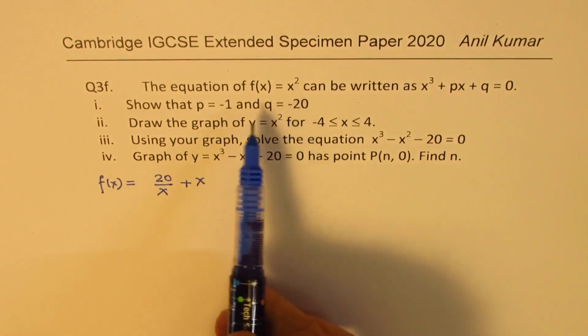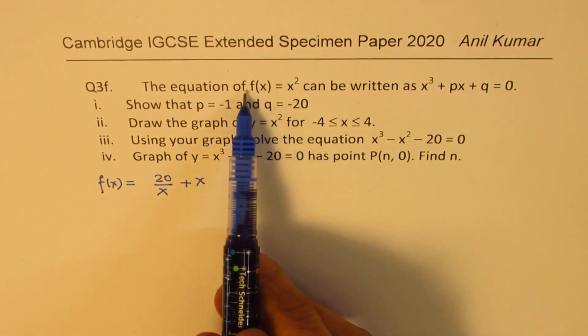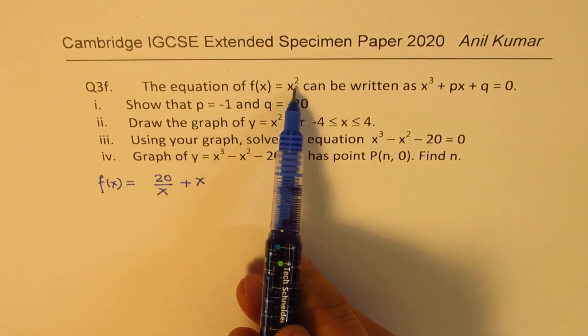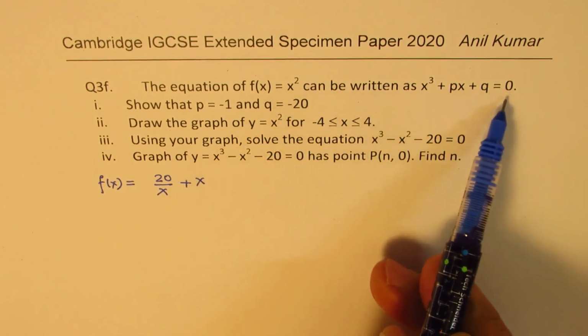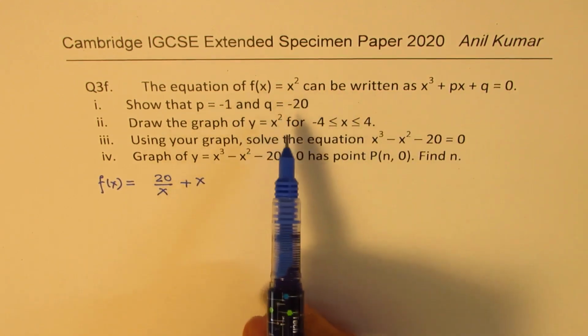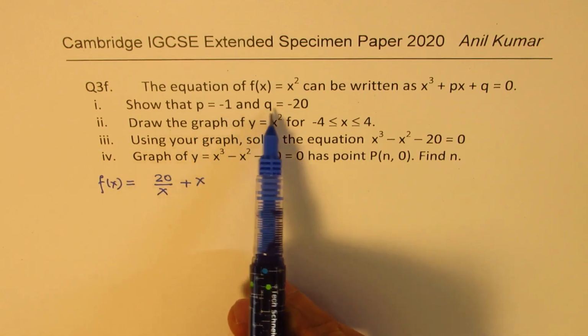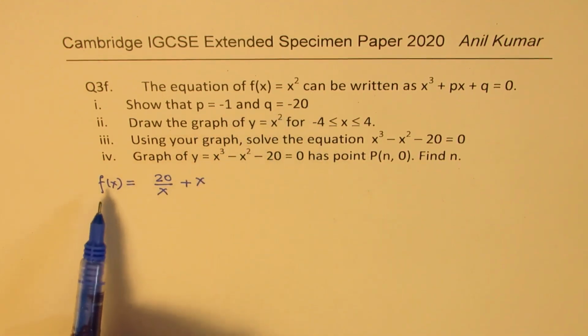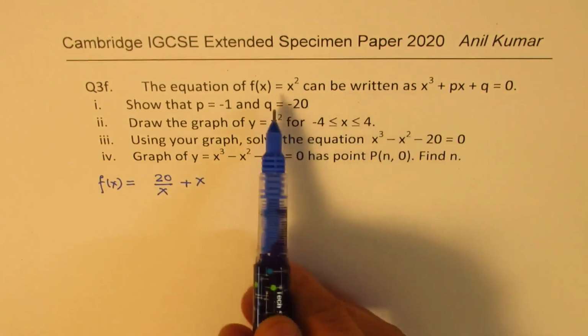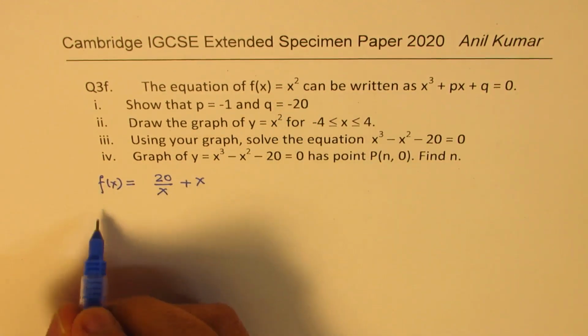When we say that f of x equals x squared can be written as this, then the value of p should be -1 and q should be -20. So we'll replace f of x with x squared and solve this.